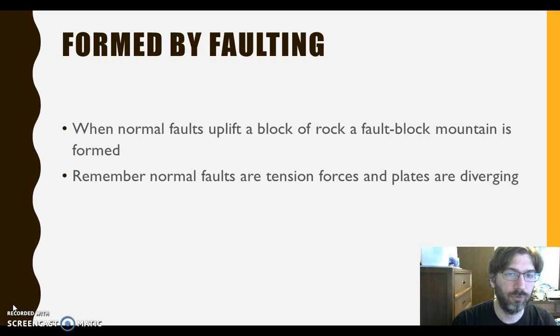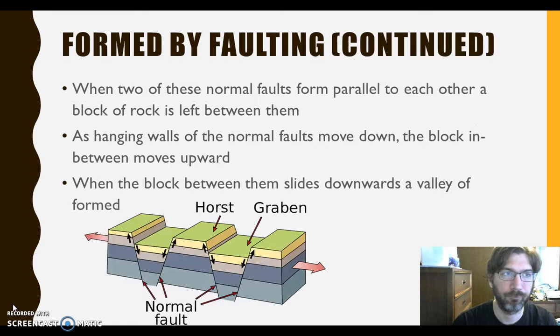So, normal faults are going to be tension forces, and that's going to be when the plates are being pulled apart, and reverse faults are going to be your compression forces, and that's when they're going to be pushed together, so convergent and divergent boundaries there.